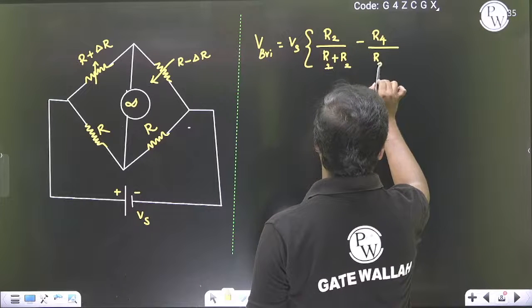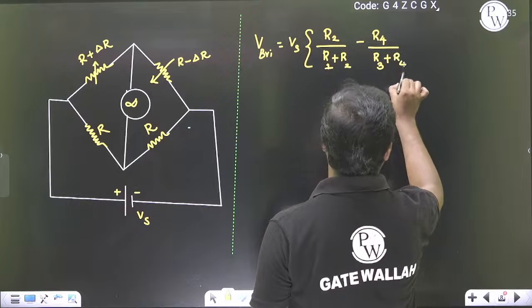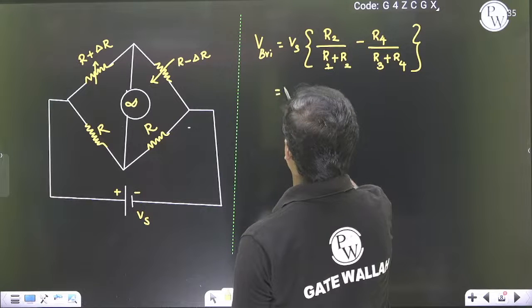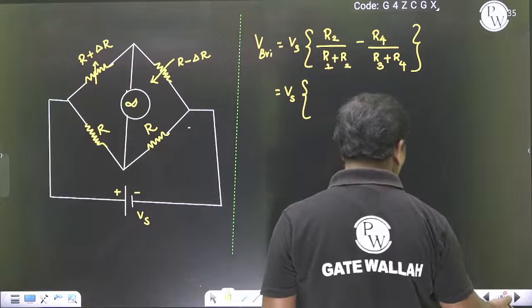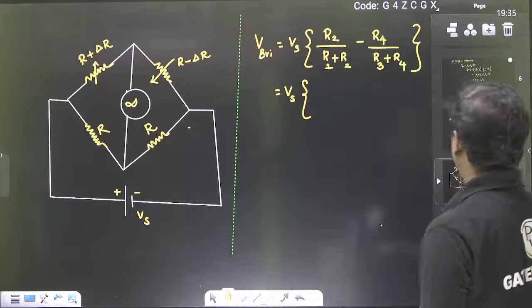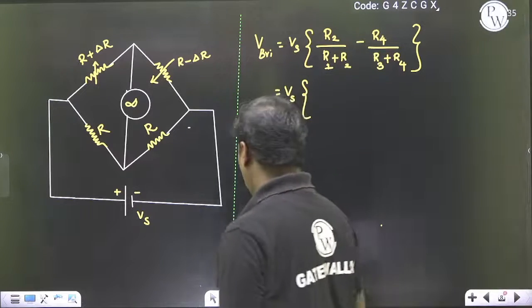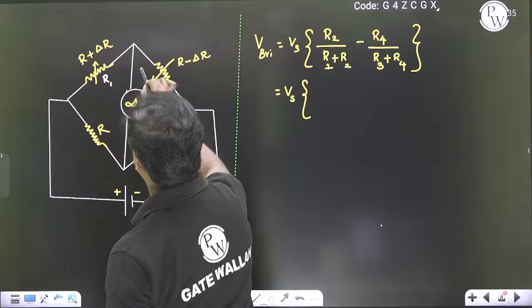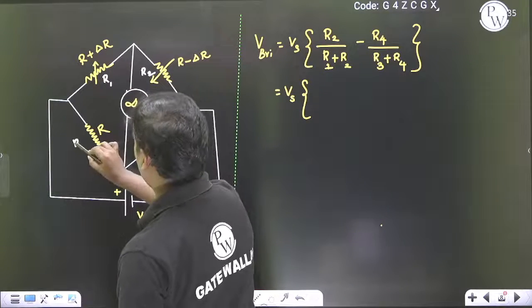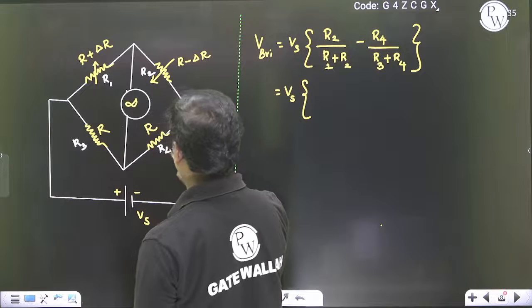So now if I am taking this as R1 as per our bridge expression, R1, R2, R3, R4. So these are our bridge expressions. This is R1, this is R2, R3, this is R4.